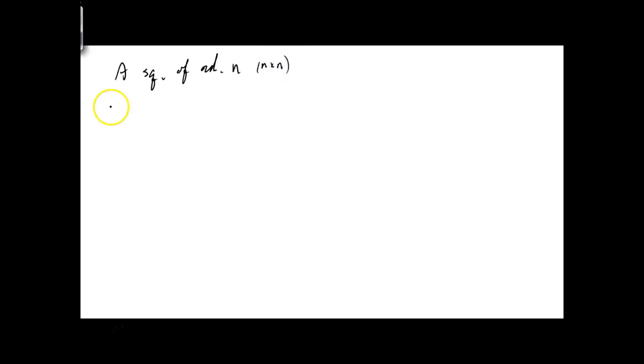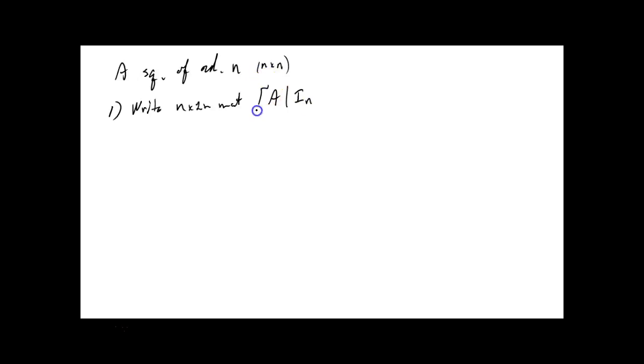First thing you do, write the n by 2n matrix, which is matrix A augmented with matrix I sub n.